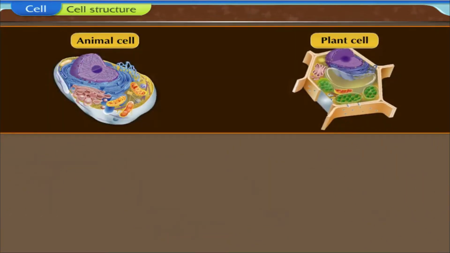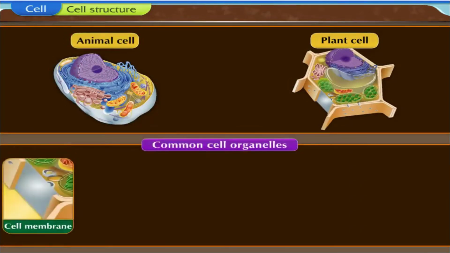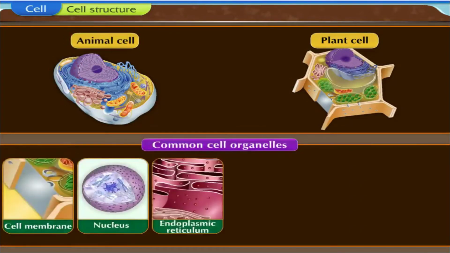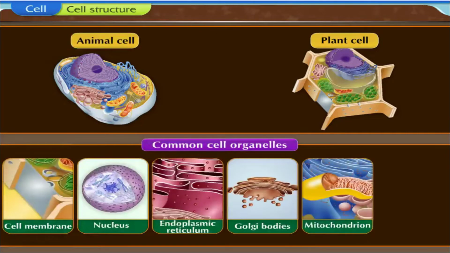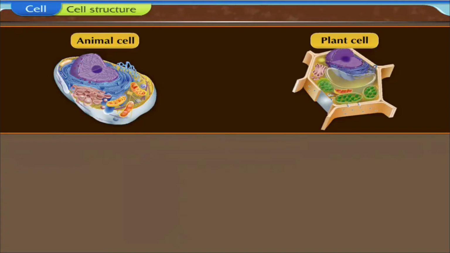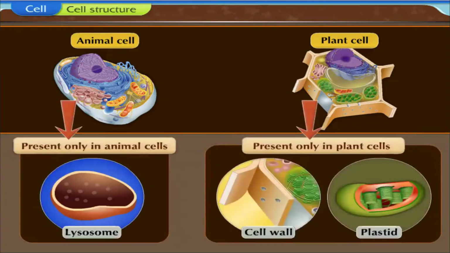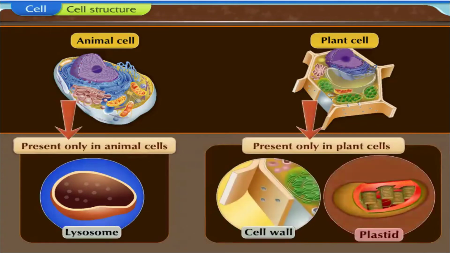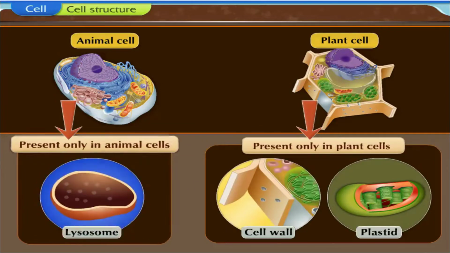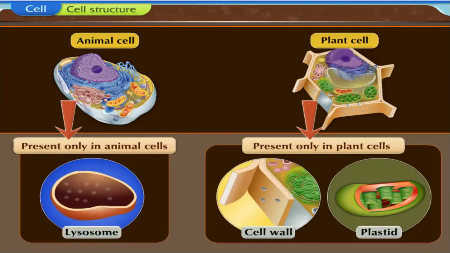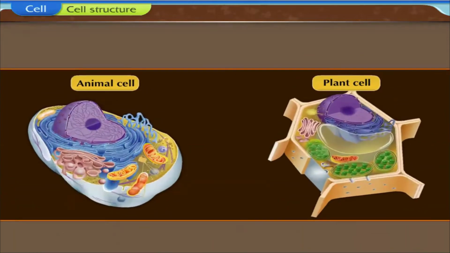Some of these parts are common in both plant cells and animal cells, like the cell membrane, nucleus, endoplasmic reticulum, Golgi bodies, mitochondria, and vacuoles, while some parts are different among the plant and animal cell, like the cell wall and plastids are present only in plant cells, and lysosomes are present only in animal cells. Come, let us learn about each of these parts in brief.